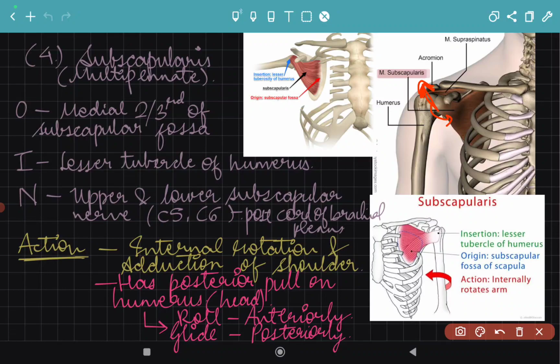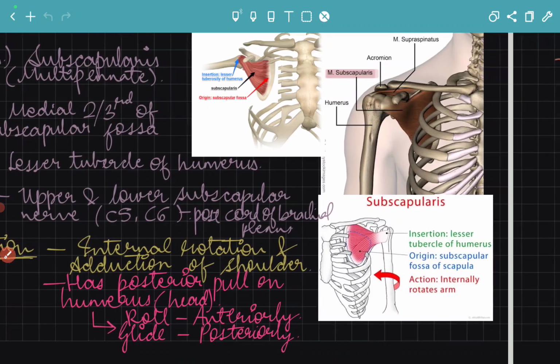Now we have to understand how this muscle causes force from its point of insertion so that it can pull the humerus posteriorly. So as the head rolls anteriorly but glides posteriorly, it causes internal rotation as well as adduction of the shoulder joint. So this was about the subscapularis muscle.